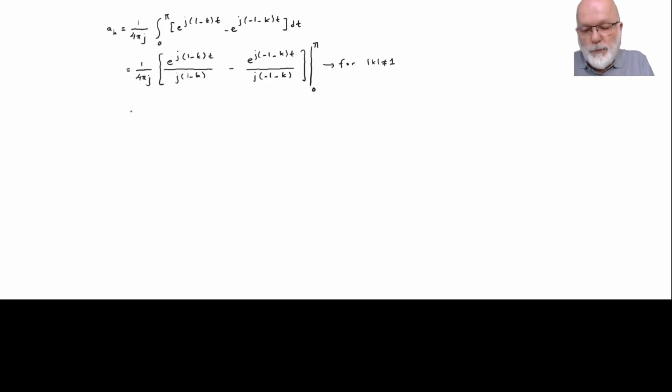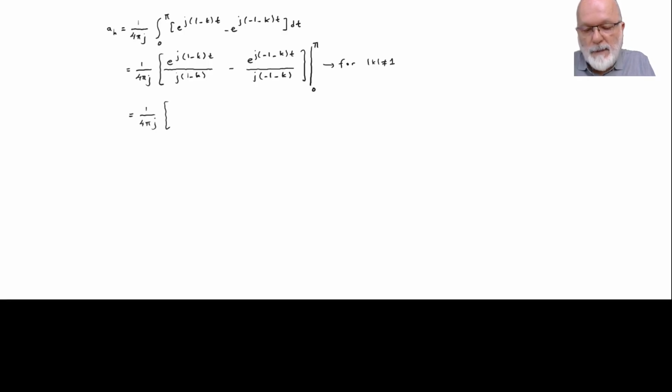So for magnitude k different from 1, that is k different from plus 1 or minus 1, we have 1 over 4 pi j.